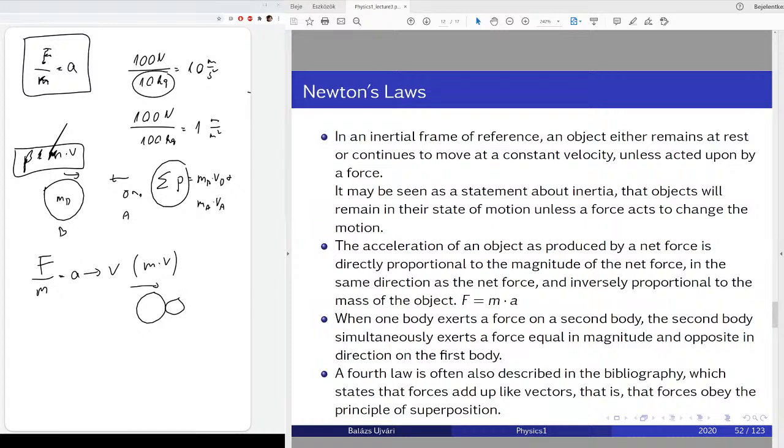Two particles move, A and B, with mass A and mass B. If there is a force F that B exerts on A, there is also a force that A exerts on B, and technically they have to be the same magnitude, but the direction is opposite. I think you all knew it before.